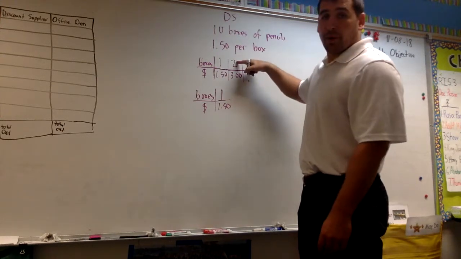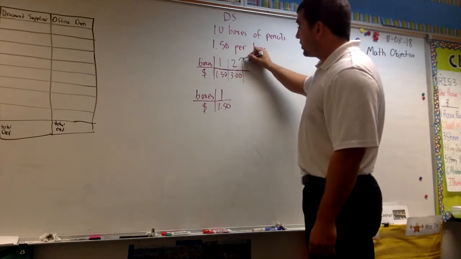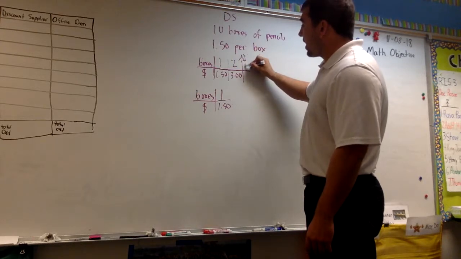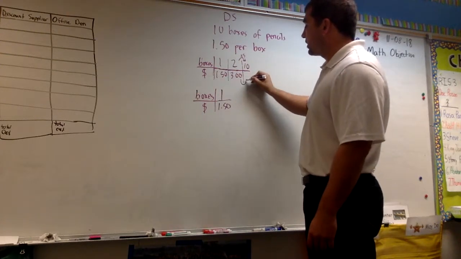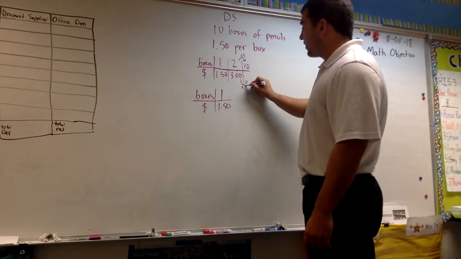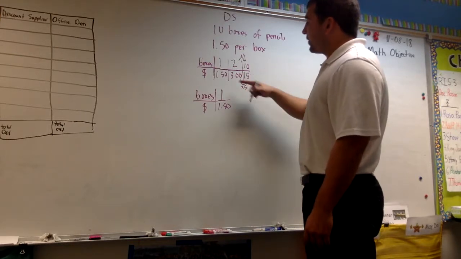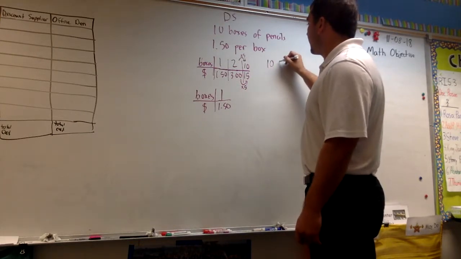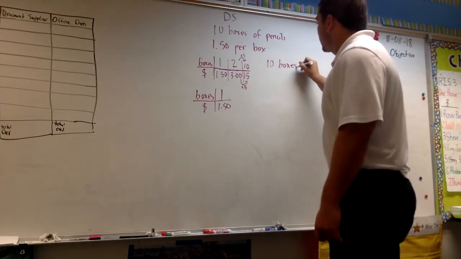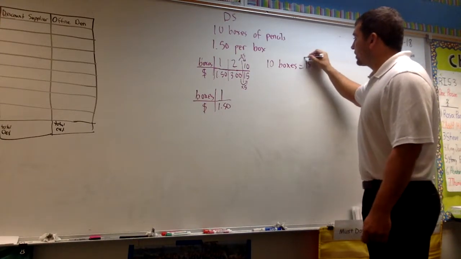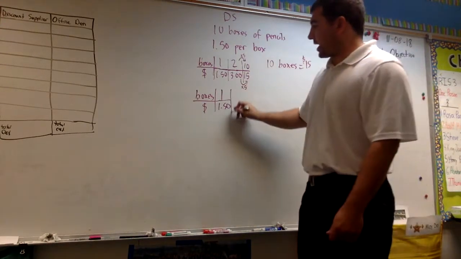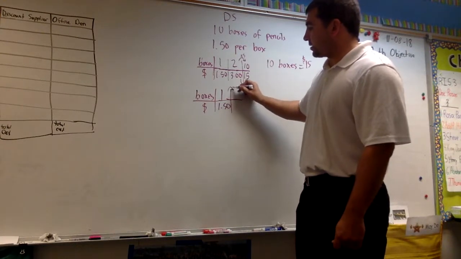So 2 boxes cost $3. If I do 2 times 5, I know that gets me to 10 boxes. Times 5, $15. So that tells me 10 boxes equals $15. Or maybe you're like, hey, times 10 is easy.